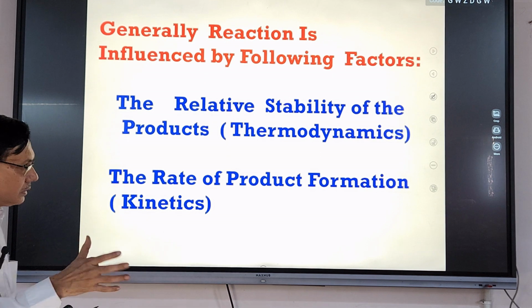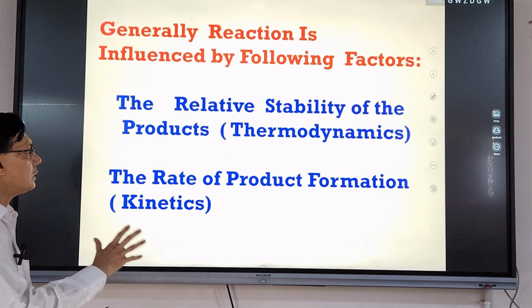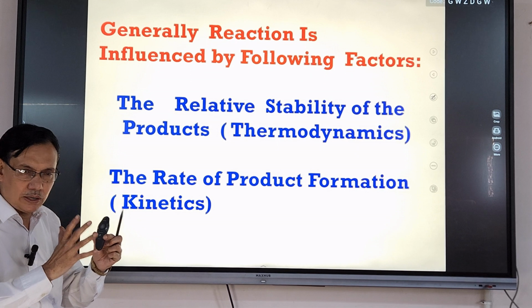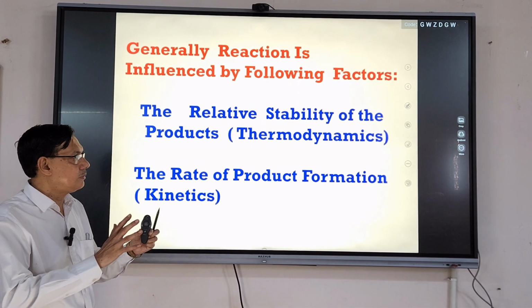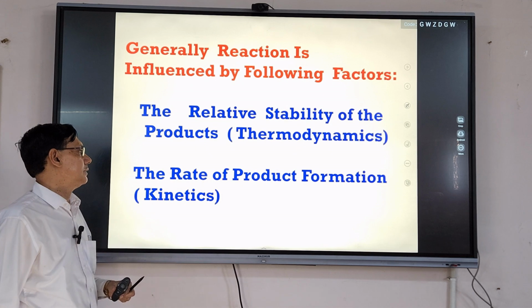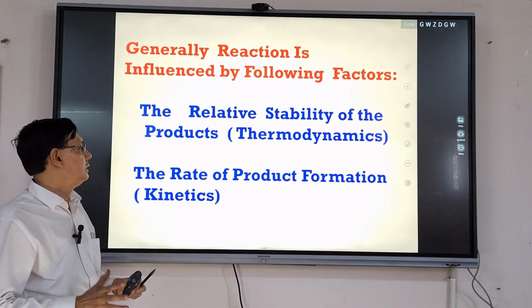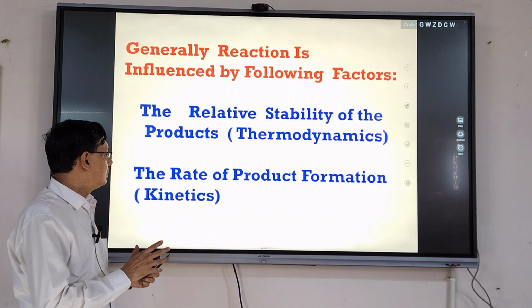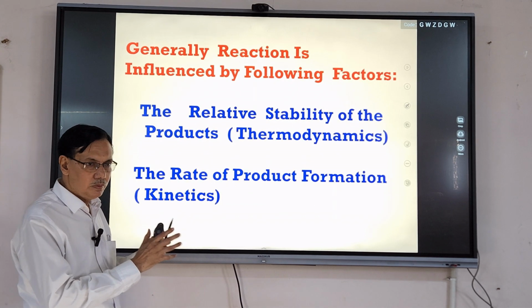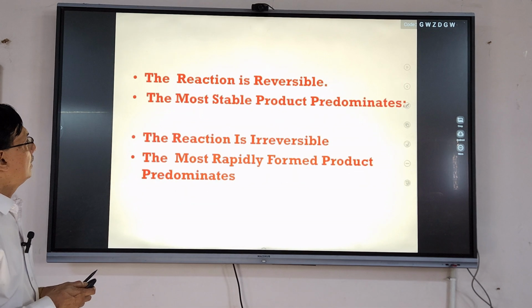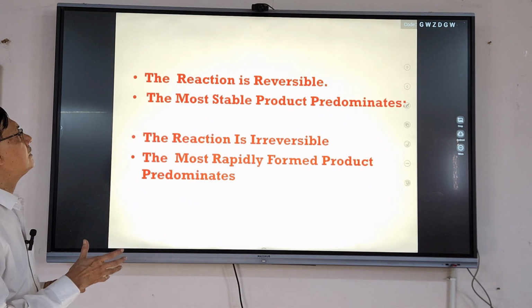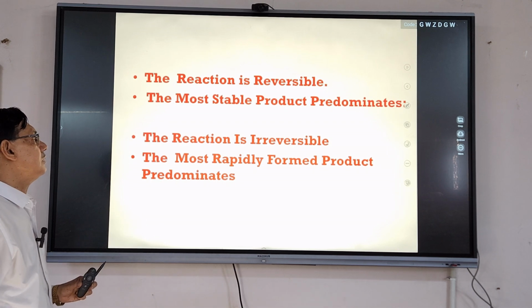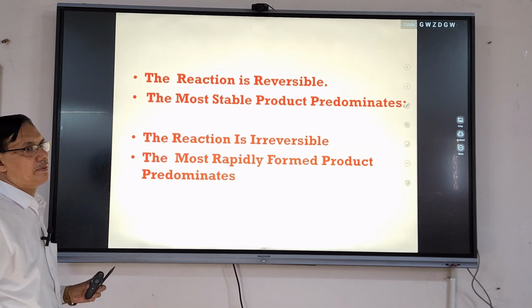Now, as I told you in my introduction, if we are talking about the stability of the product, of course that is thermodynamics. And if we are concerned about the rate of product formation, then of course it is related to kinetics. In most cases, if the reaction is reversible, the most stable product predominates.